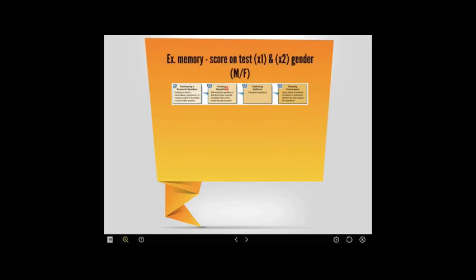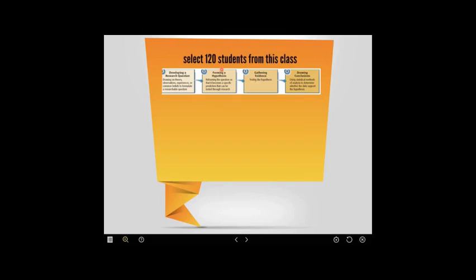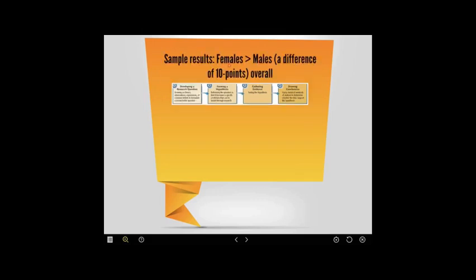Before we go to the next step, let's take the example. Memory score: participants, both males and females, were randomly selected from a population. They were given a memory test, one group being males, the other group females. Let's assume you randomly selected 120 students from this class, and the sample results are such that females scored higher.